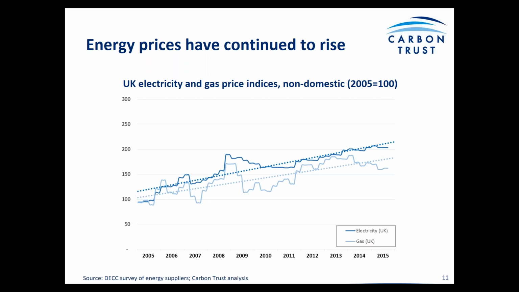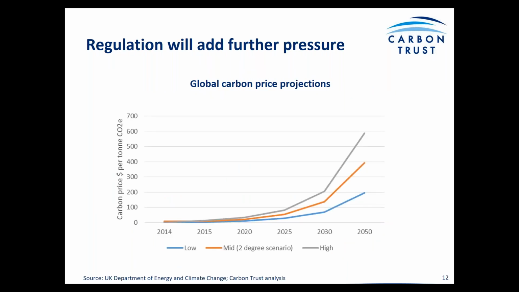If we look a bit more specifically at the energy prices in the UK for electricity and gas, we can see that they have continued to rise over the last 10 years. And then if we bear in mind the growing global commitment to hold the increase in average temperatures below 2 degrees, it's expected that the global price for carbon will increase over the next few years as one of the mechanisms for the different countries to achieve their commitments.